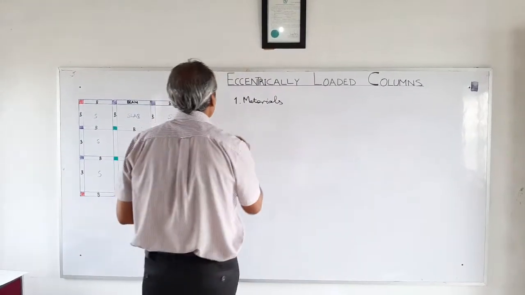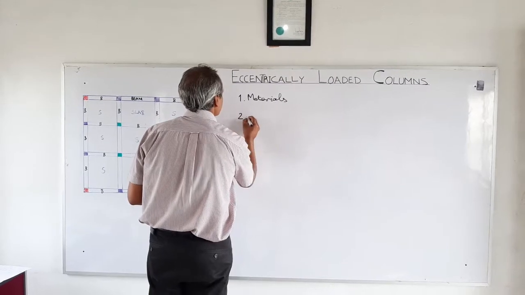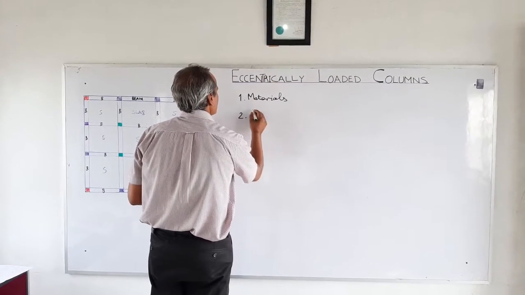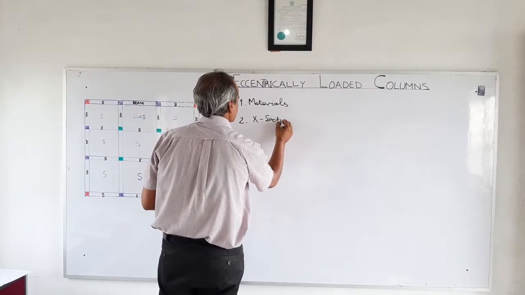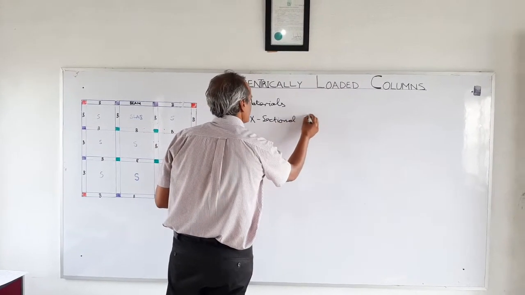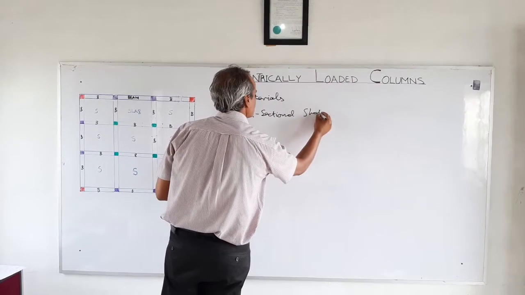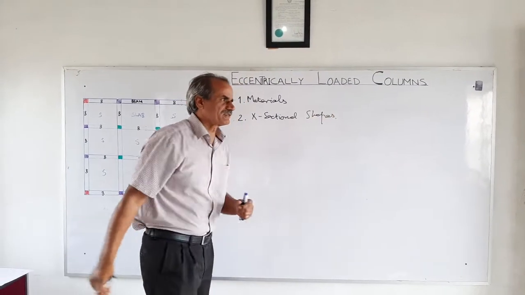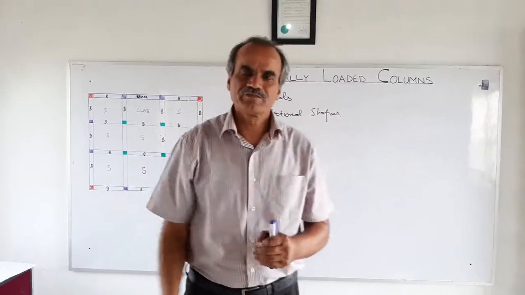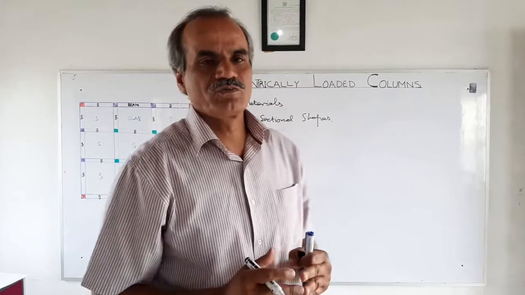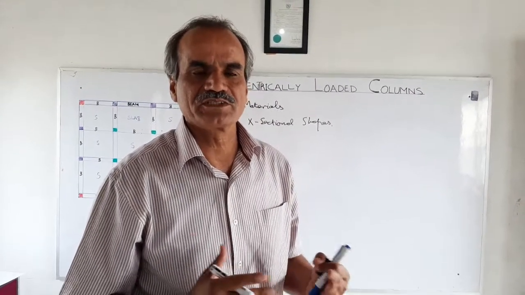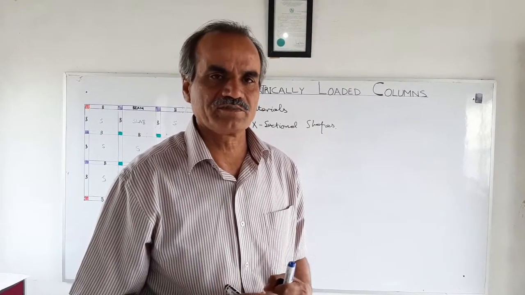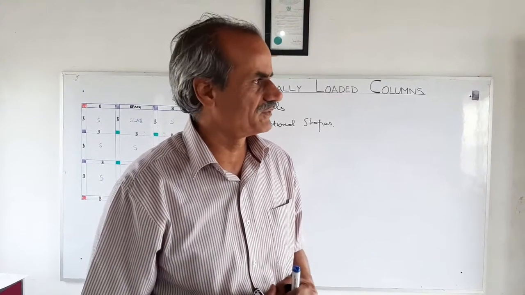Then the second can be with respect to cross-sectional shapes. With this view, we can categorize them as rectangular columns, square columns, triangular columns, or anything of the shape.